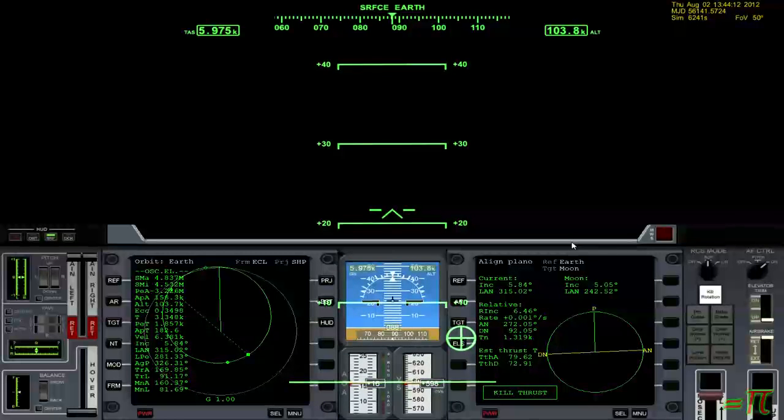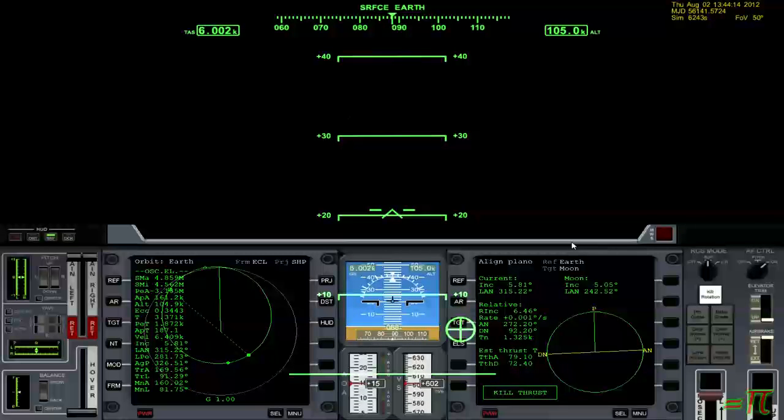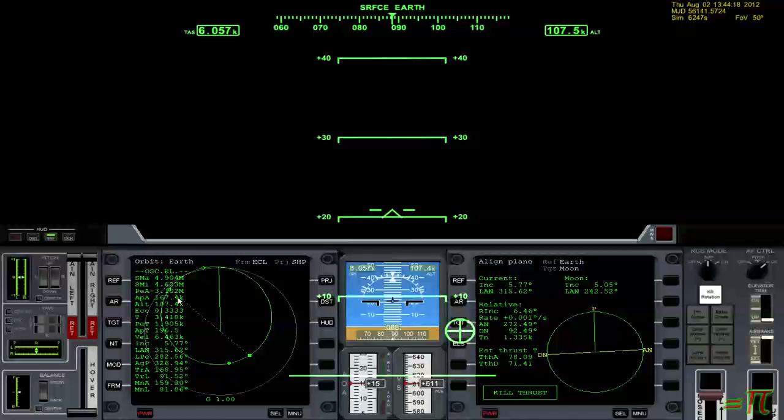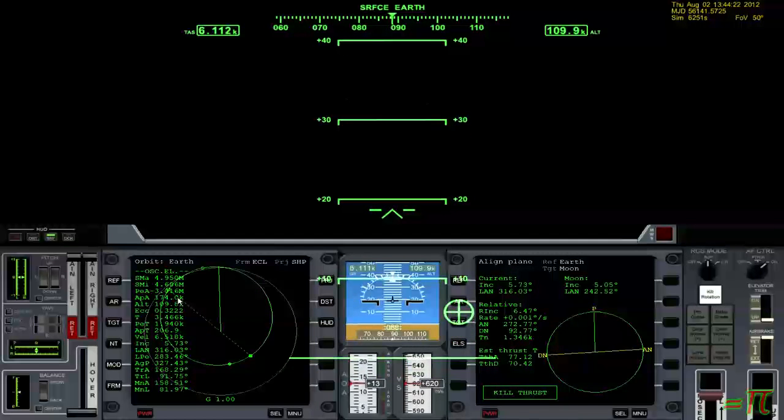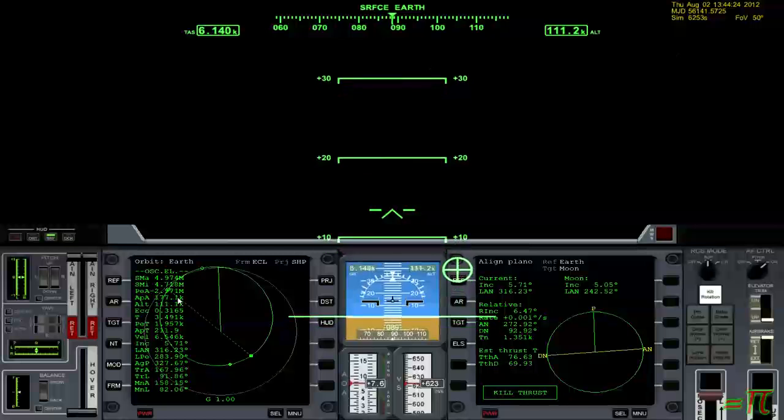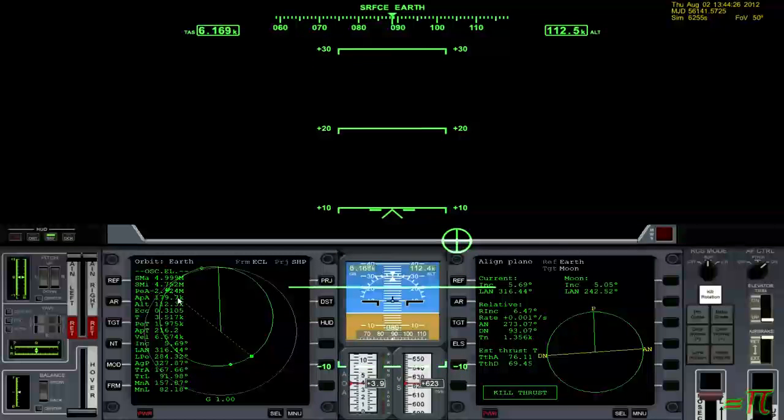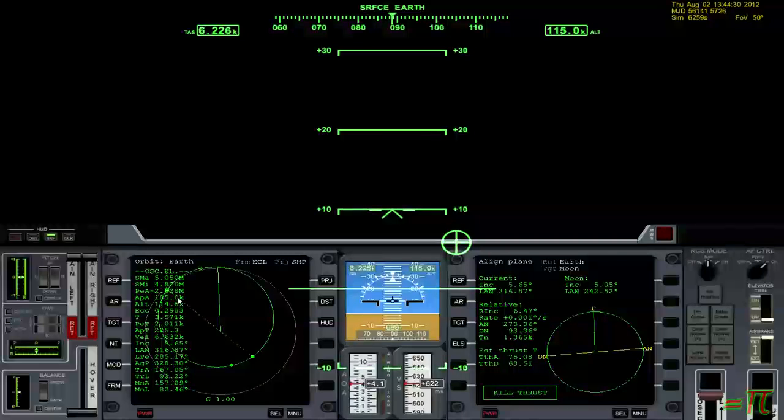Altitude. Periapsis is still below the surface of the Earth. Pitch down some more, and focus on bringing that up.